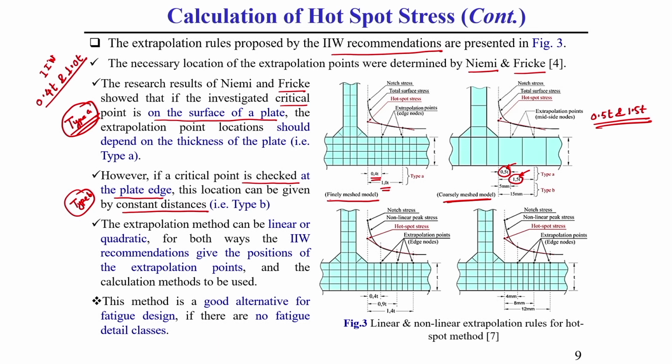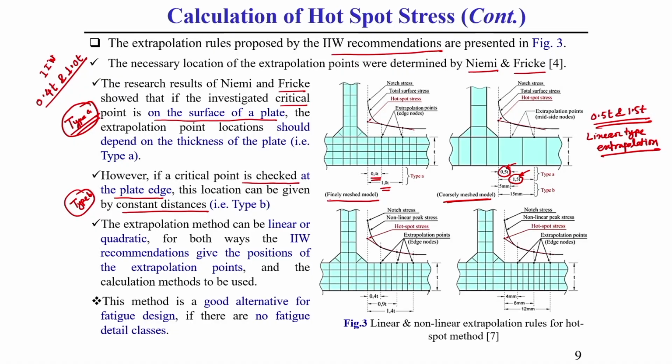This is generally for linear type extrapolation. For linear extrapolation generally 2 points are required, but in some cases where the stress is very non-linear in nature near the weld toe zone, instead of 2 points we need to take 3 points.